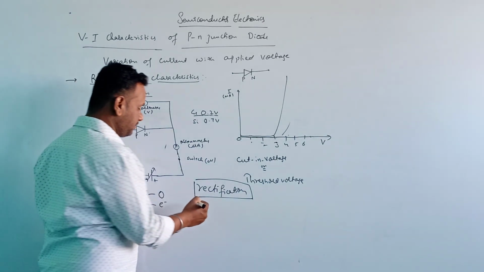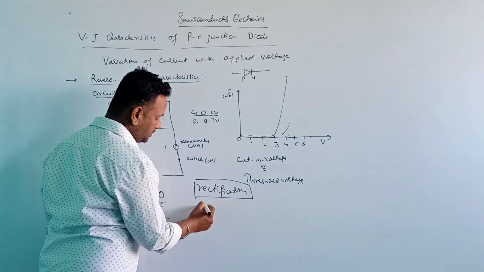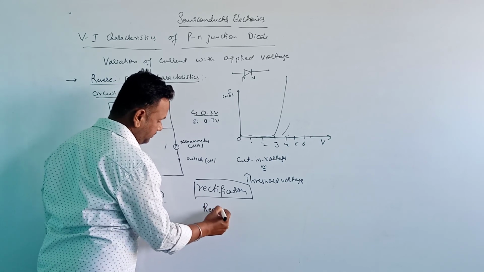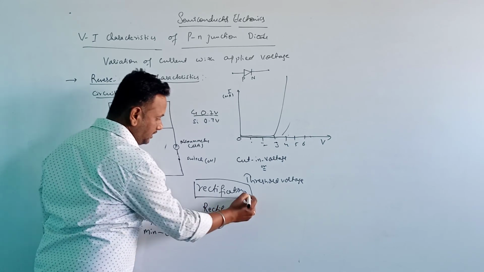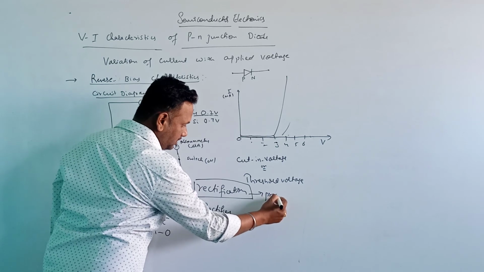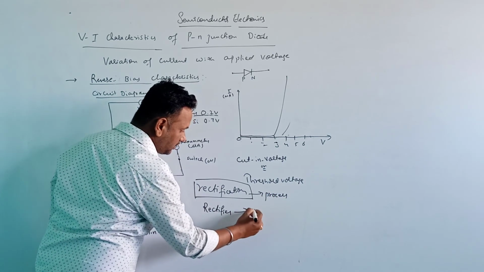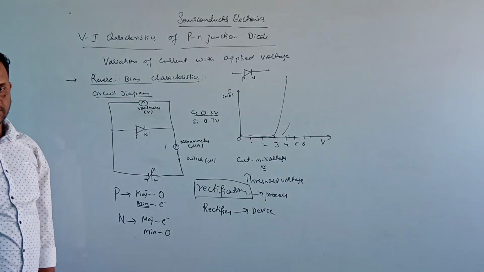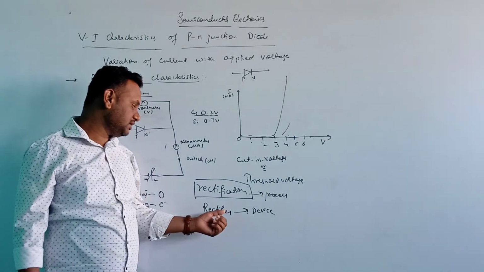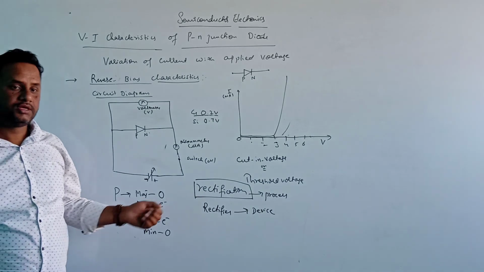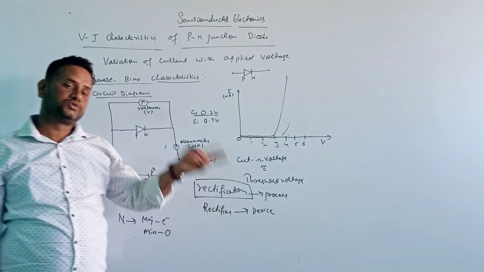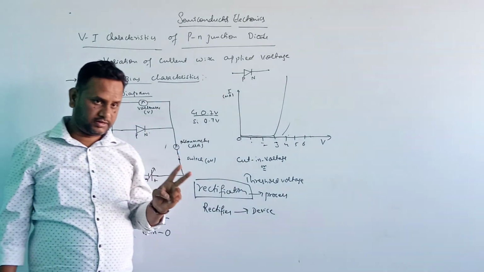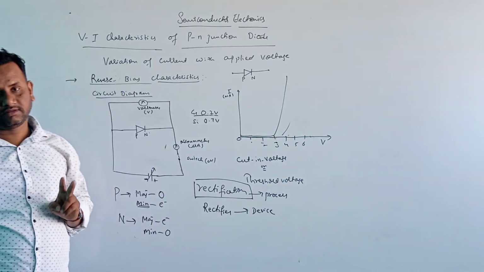We are using the devices which are called rectifiers. Okay, rectification is a process. Rectifier is a device. Okay, so that we will discuss in the next class. What do you mean by rectification, rectifier, and we are having the two types of rectifier here. Okay, that also we will discuss in the next class.